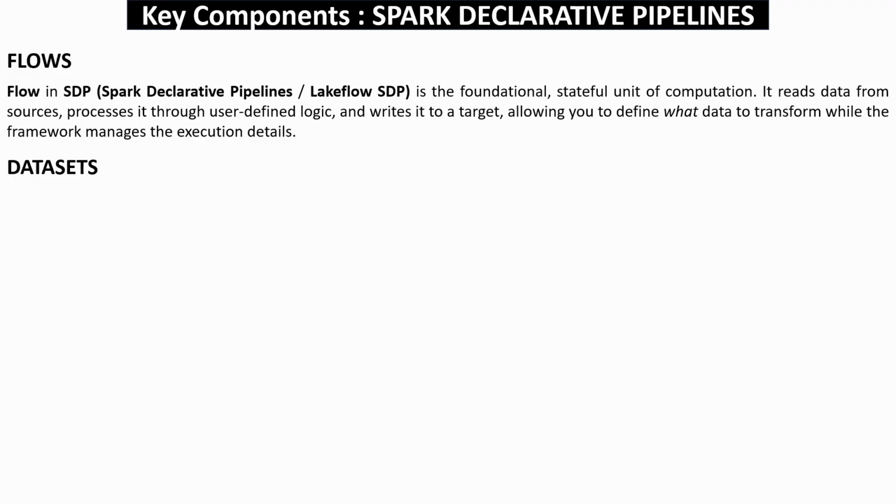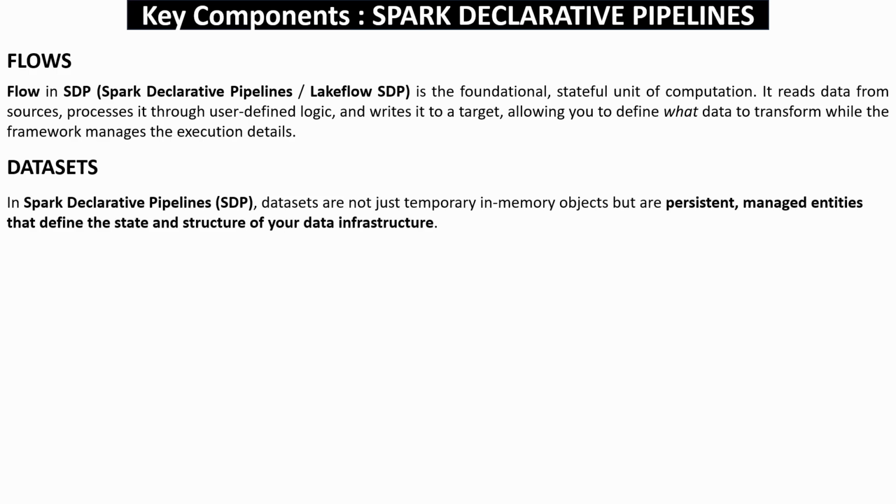You have data in the source, you process it, and a target is formed by your flow. That target object we call a dataset, because it is stored somewhere in your Databricks. This is known as a dataset in the context of Spark.